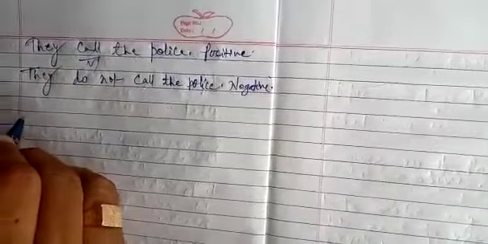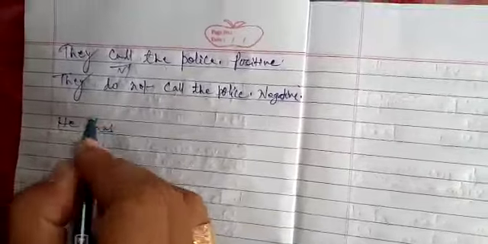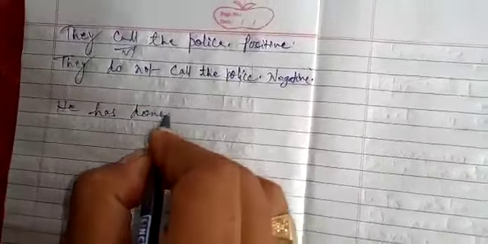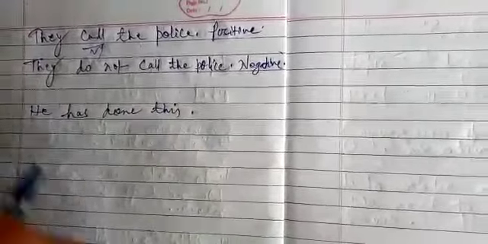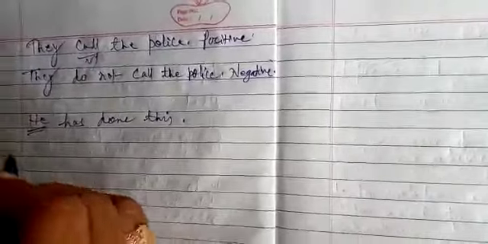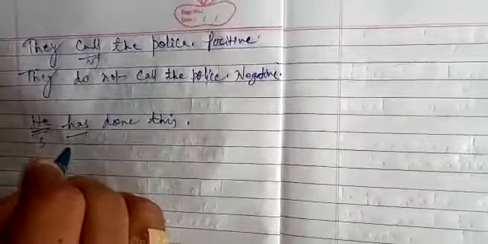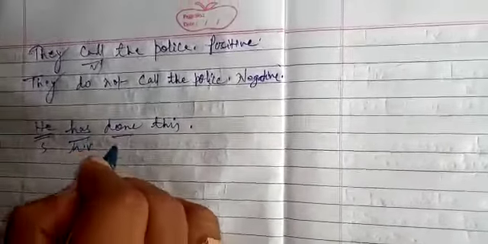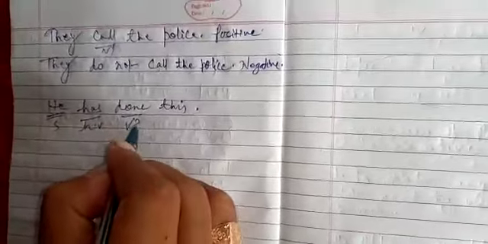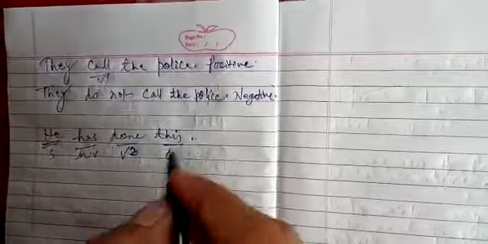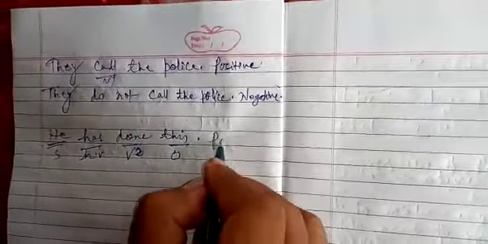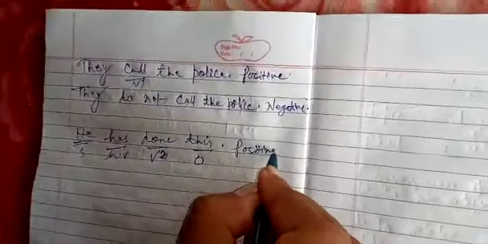Just, he has done this. Presently, he is the subject of the sentence, has is the helping verb, and done is the main verb in third form, and this is the object. Now presently it is positive, and now change it into negative.